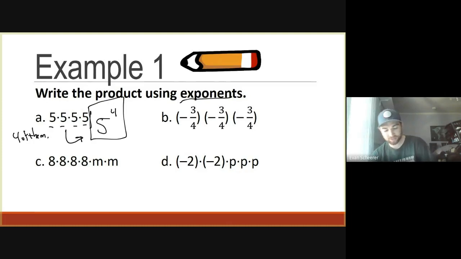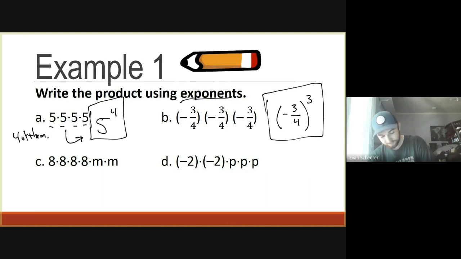So this second one, we're using the number negative 3 over 4, but how many of them are there? There's 3 of them. So we're done. Not too bad yet, right? For C, we're using 2 numbers this time, so let's do them separately. First, we are using 8.